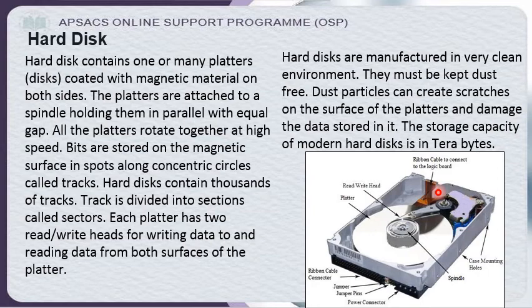When you throw it down or when it gets a shock, maybe a head problem will come, or the plate may get damaged. A scratch will come when the head, which is close to the plate, produces a scratch on your hard disk. So bad sectors will be created on your hard drive.